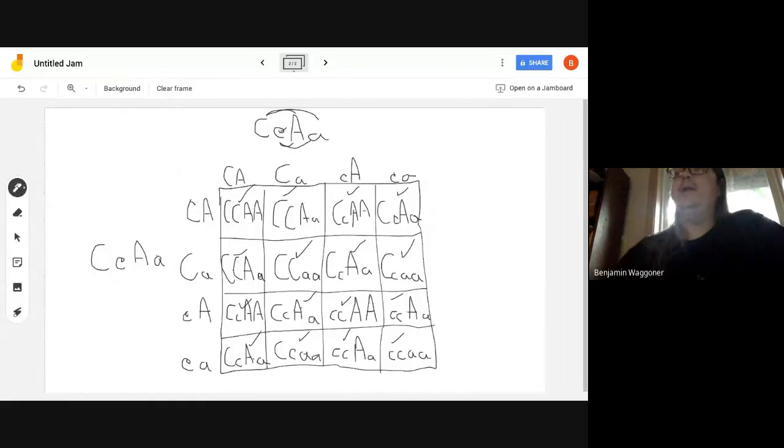So you're going to end up with 56.25% of your mice having agouti fur, and 3 out of 16, or 18.75% of your mice, having solid color fur, probably black, and a quarter of your mice, 25%, having white fur.